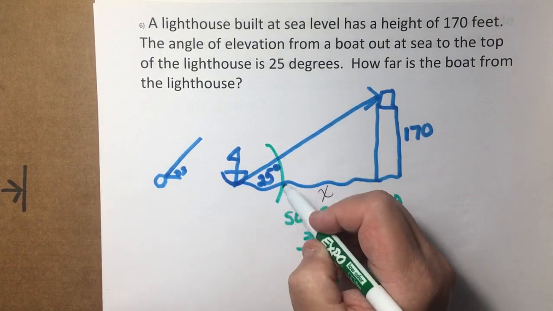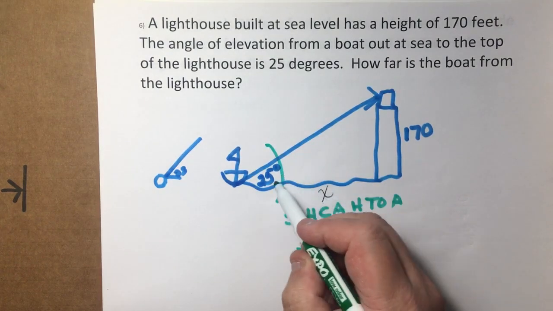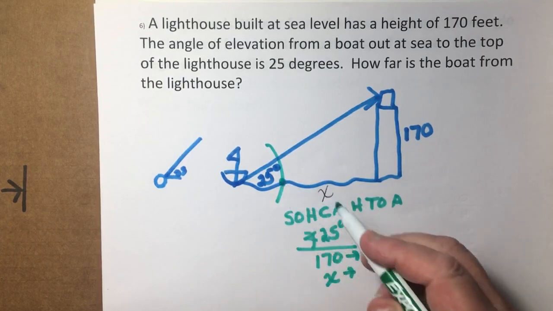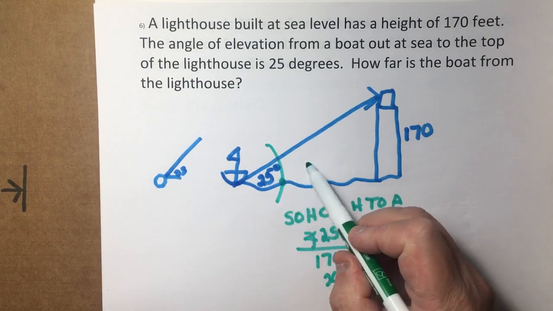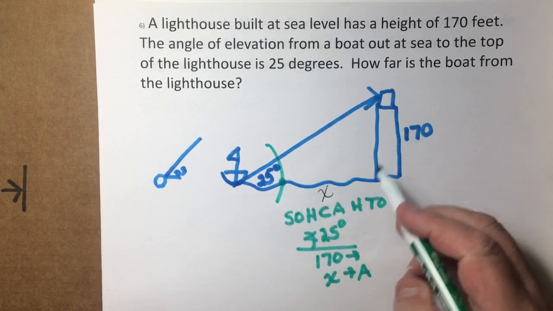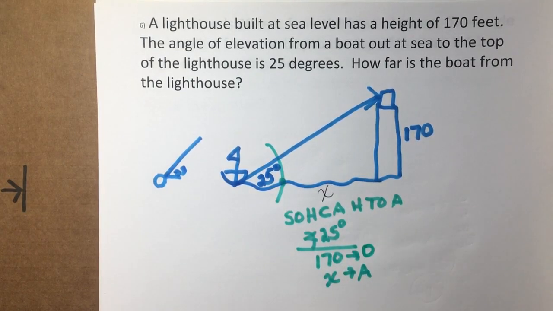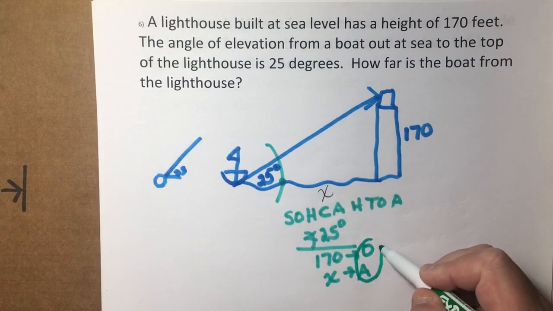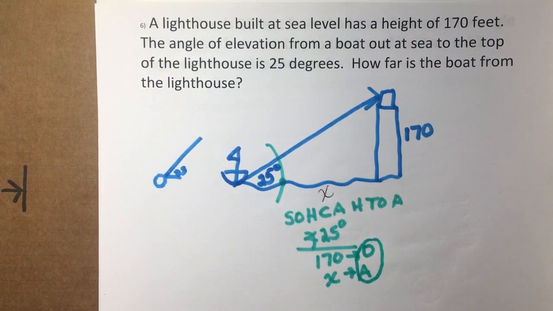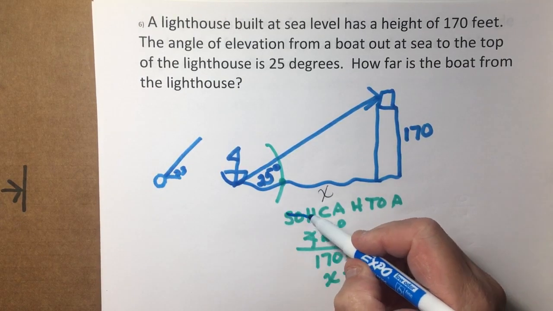Now, if you are here at the 25 degrees, the X touches you. That means the X is the adjacent. If you're here at the 25, the 170 does not touch. That's the opposite. So our problem involves O and A. Let's see which one of these has O and A. Not sine.